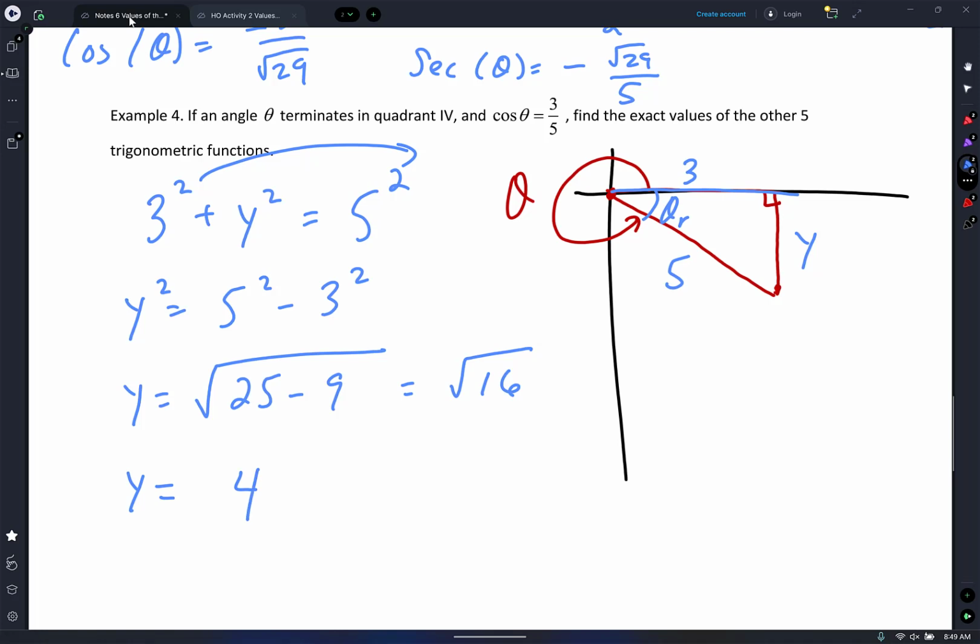Now, before you go putting in a 4 here, I'm in quadrant 4. And in quadrant 4, the y values are negative. So put in there for good notes, negative, since y values in quadrant 4 are negative.